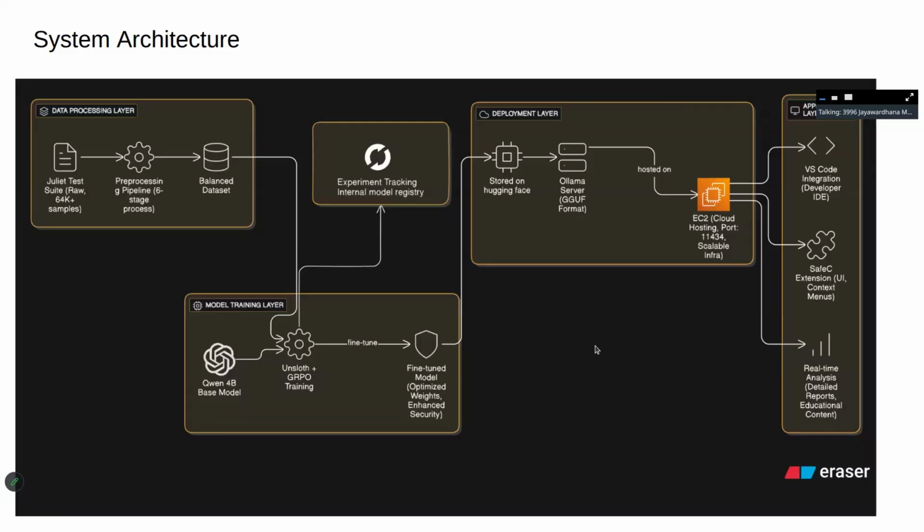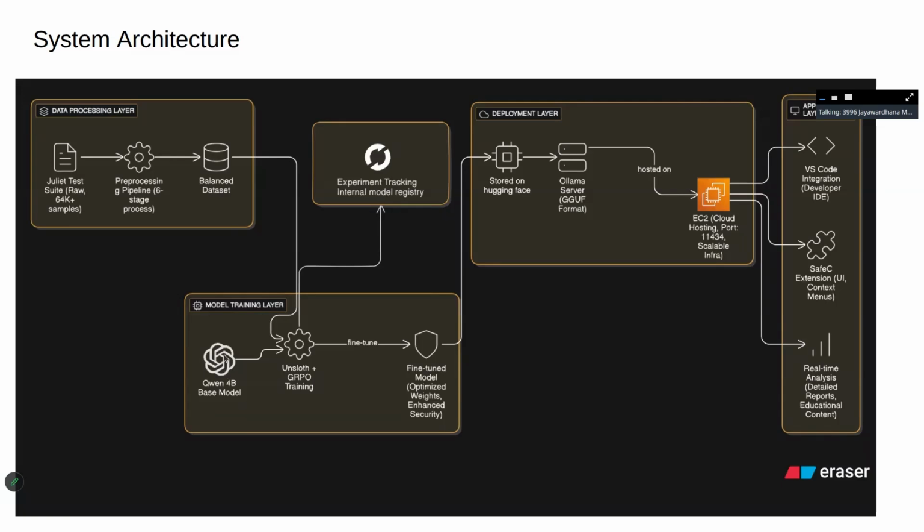We had to pre-process the dataset. We did the pre-processing in a six-stage pipeline, created a balanced dataset, and then stored it in the Hugging Face Hub. Then we come to the model training layer. As our base model, we use the Qwen3 4 billion parameter model.